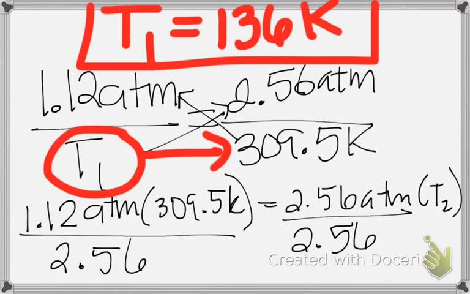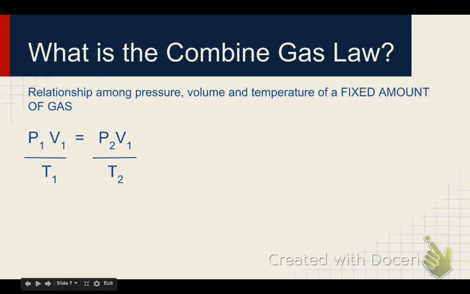Okay? So, to continue on, the second one that we're going to talk about is the combined gas law. Now, this one just combines all the three different laws, Boyle, Charles, Gay-Lussac, all of it, all put into one beautiful equation, which is the combined gas law, which is just P1 times V1 divided by T1. Okay?